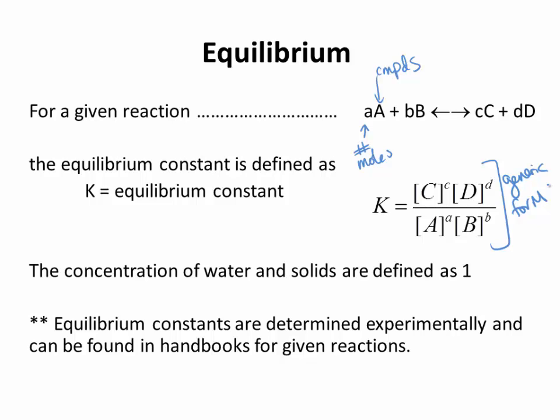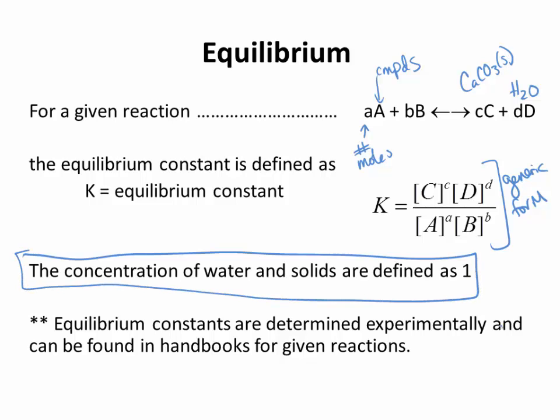There are a few rules when writing an equilibrium constant expression. We would always say that the concentration of water is 1. If compound C were a solid, such as calcium carbonate, we would also say that the molar concentration equals 1. You will need to commit this rule to memory.